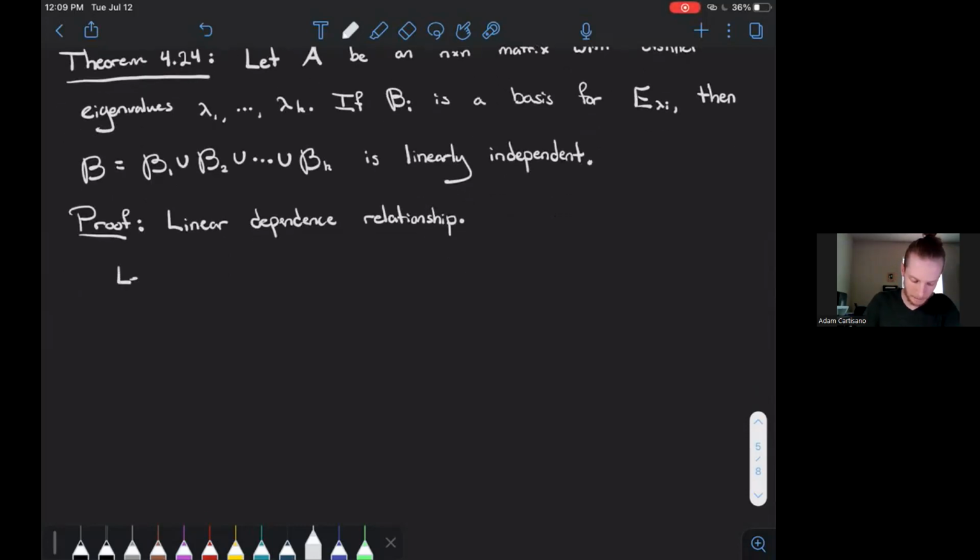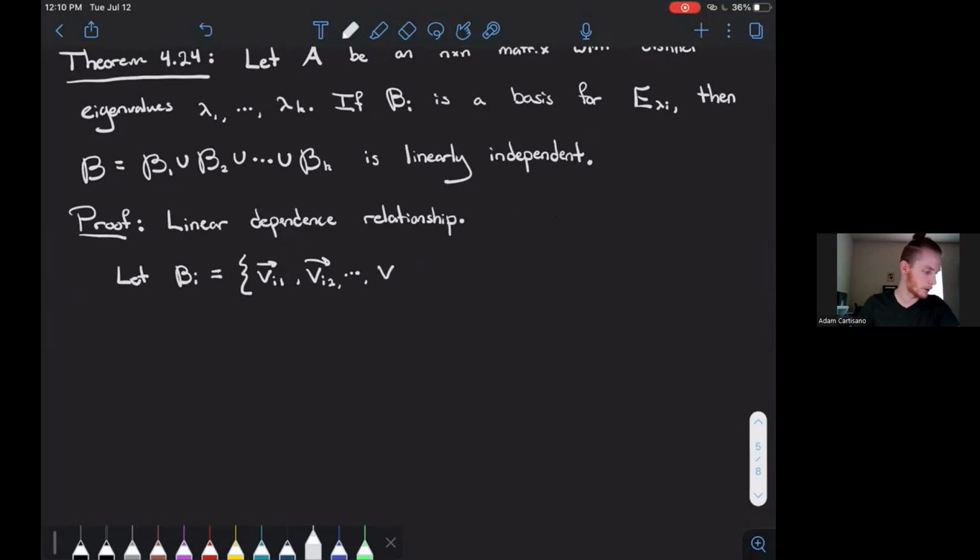Let B_i be the following basis. So it'll be like v_i1, v_i2, all the way up to v_i m_i.